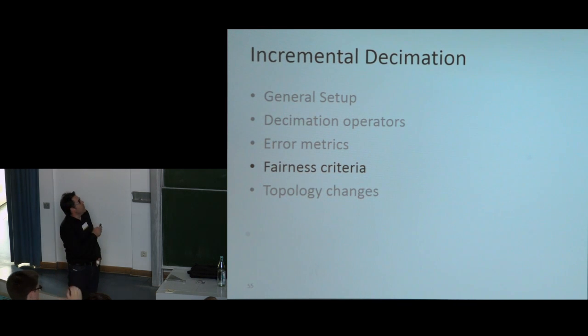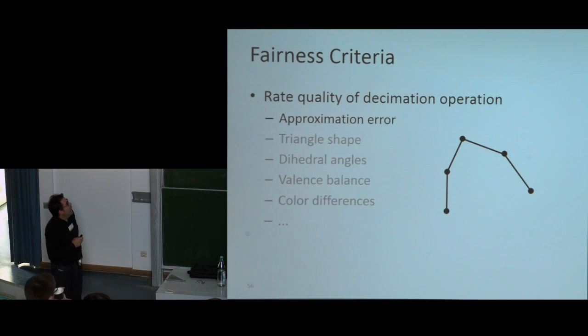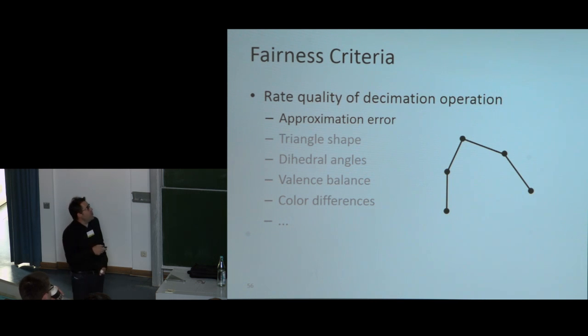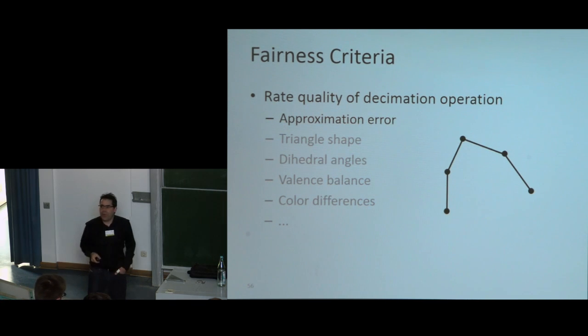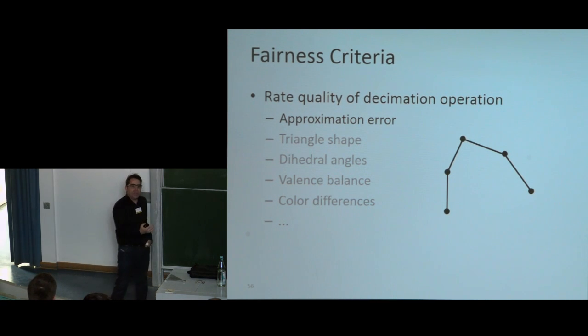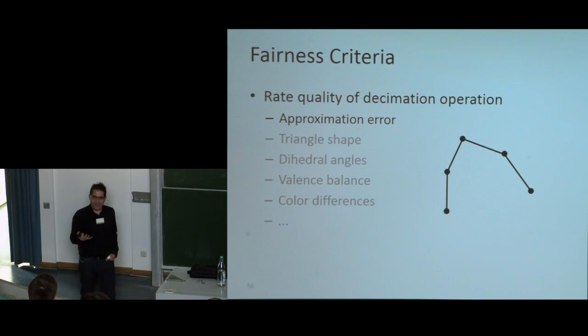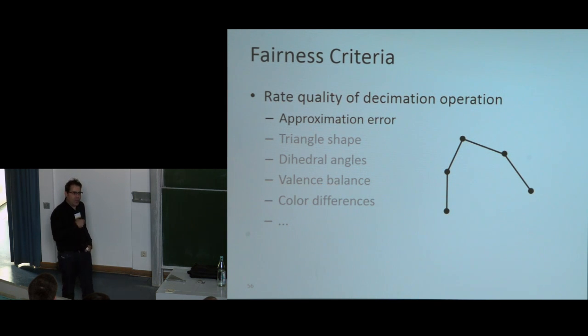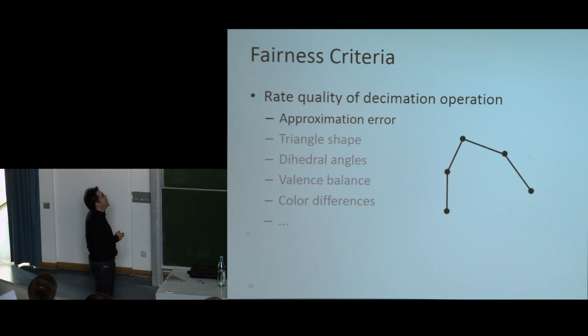So now, quickly about fairness criteria. The first thing to rate is the decimation operators. Typically, you have a priority queue, and you need, therefore, to define what the priority is. Plus, you need to define if you allow or not an operator, or if you discard some of the operators in the priority queue. One is, of course, the approximation error, so you can sort the priority queue by that.